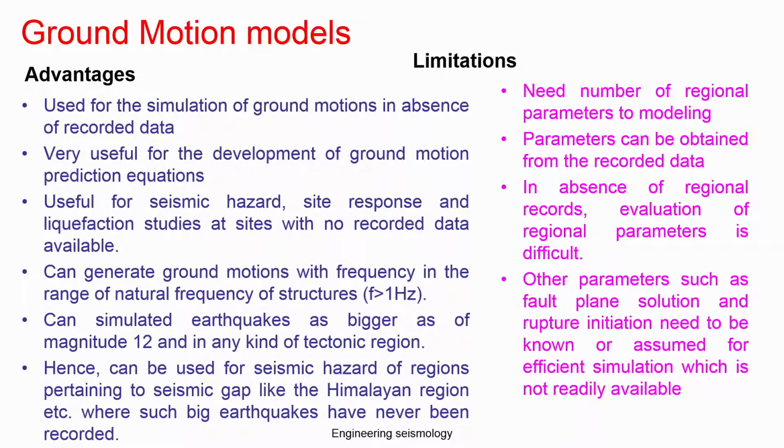They are useful for seismic hazard, site response and liquefaction studies at sites with no recorded data available, and can generate ground motion with frequency in the range of natural frequency of structures. Since it is a simulation, you can generate only the frequencies where your structure is important, for example, less than 1 hertz.